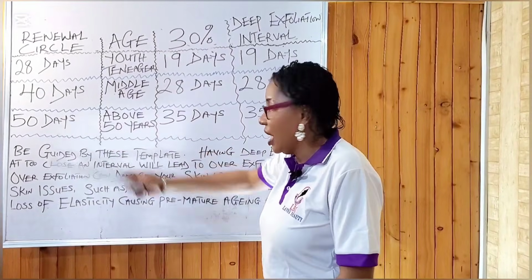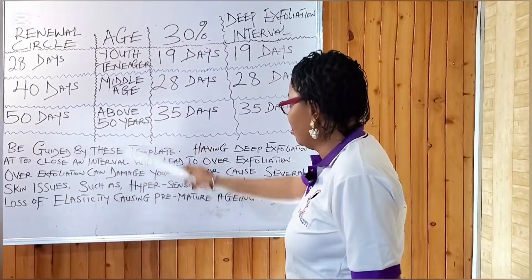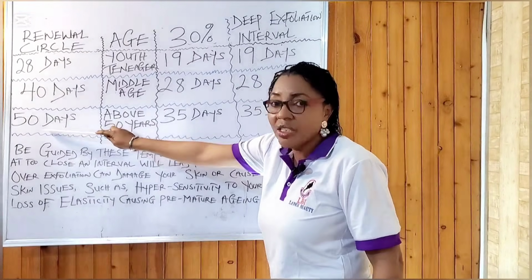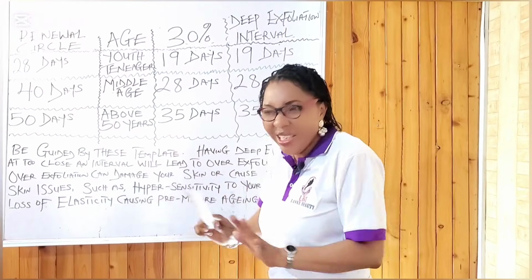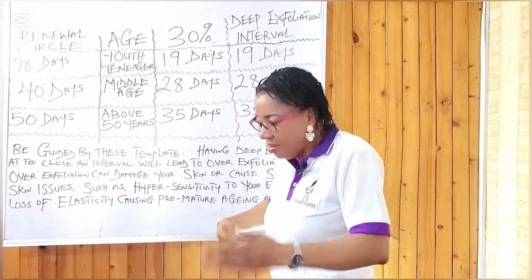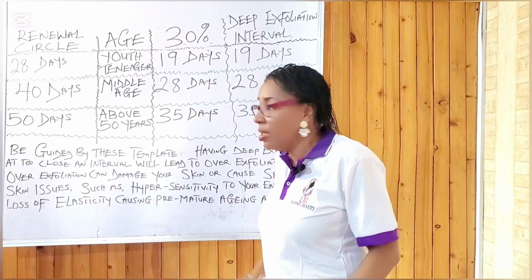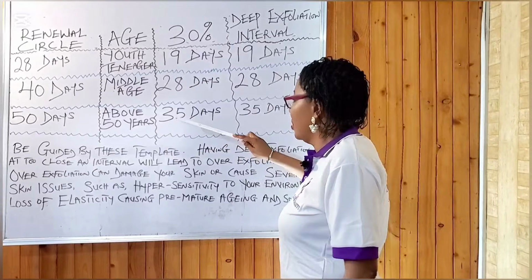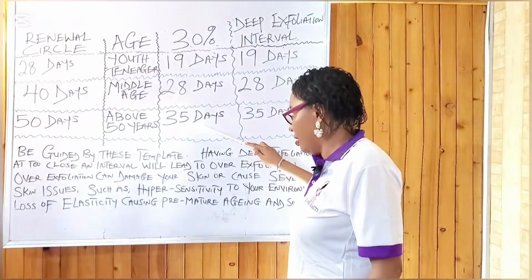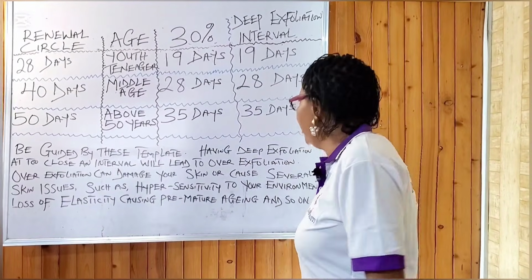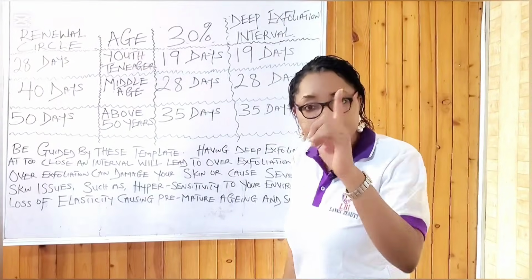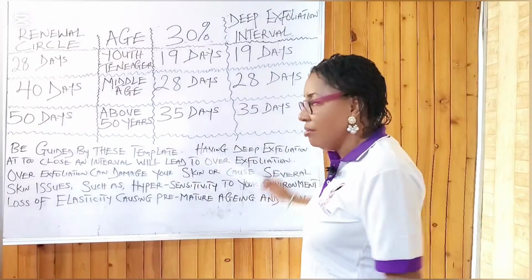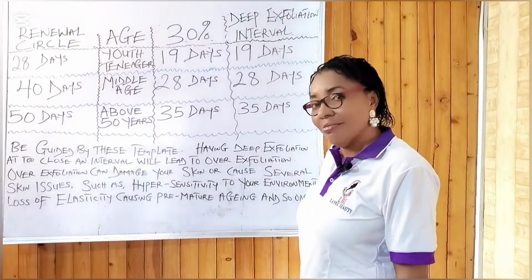Naturally, without any intentional exfoliation, your skin will renew itself in 50 days. Now with exfoliation, you speed it up to 35 days. So you will no longer need to do an intentional deep exfoliation until 35 days or after. Surprise?